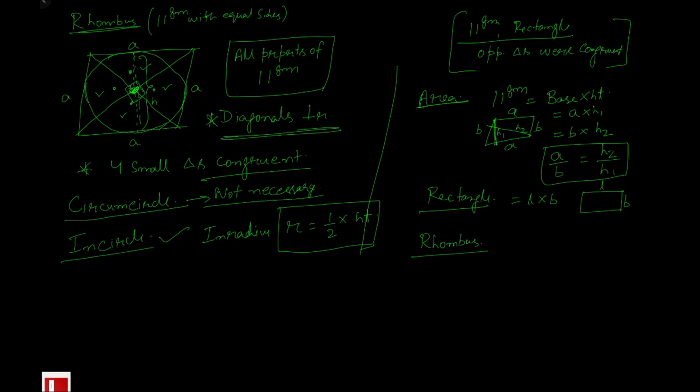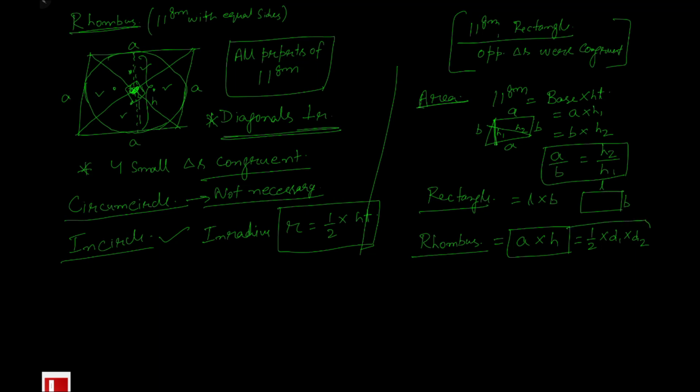Rhombus area will be simply equal to, a base is, here all the sides are same, so base is A into the height H. That's it. Fine. Now, there are multiple ways to look at it. There is another thing. Rhombus area is also given by half into D1 into D2. That is product of diagonals.